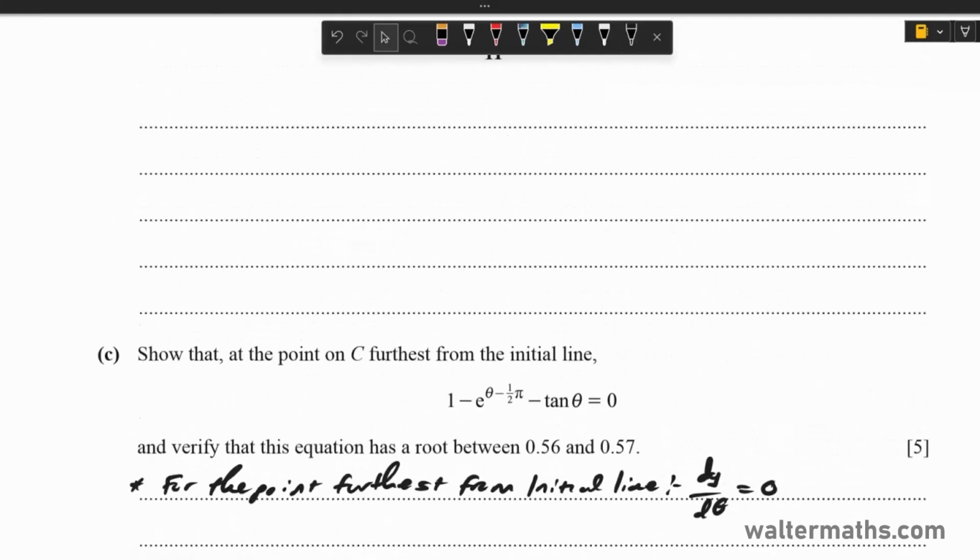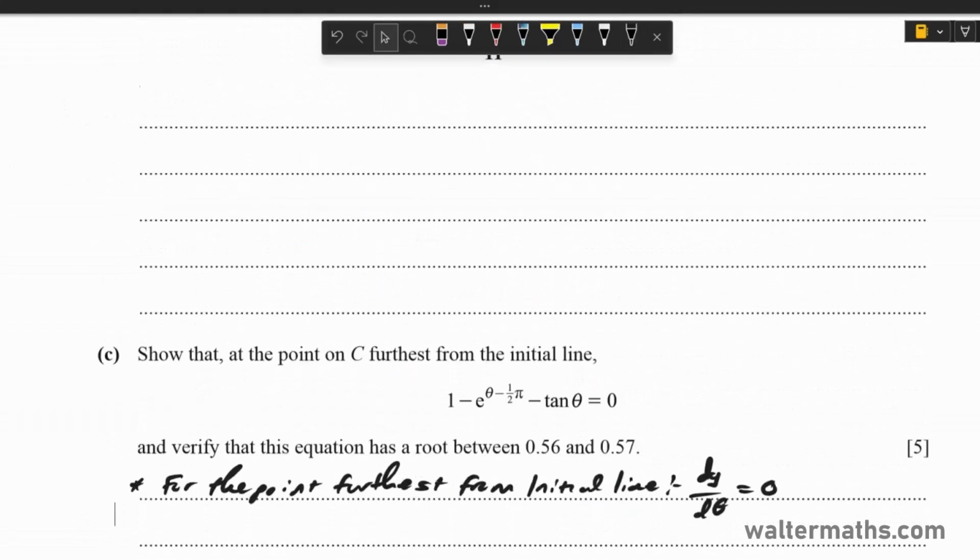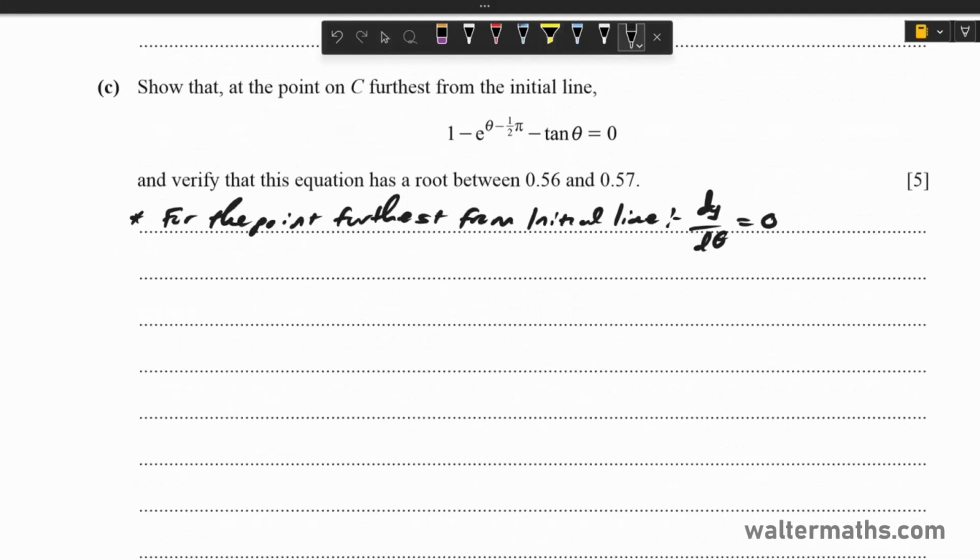So basically, if we go back and take the equation of the curve, which is r is equal to e to the minus theta minus e to the minus half pi. So let me write that down. So I'll say here, since r is equal to e to the minus theta minus e to the minus of a half pi, and we also know that y is equal to r sine theta, which leads us to having r to be y over sine theta.